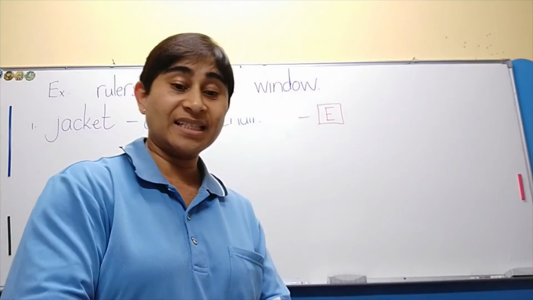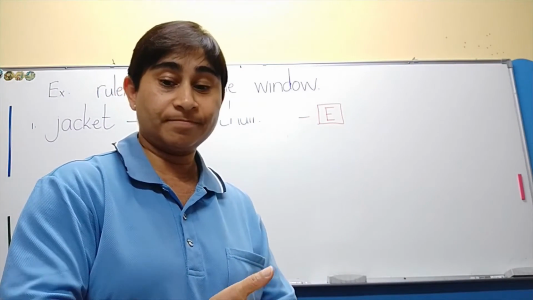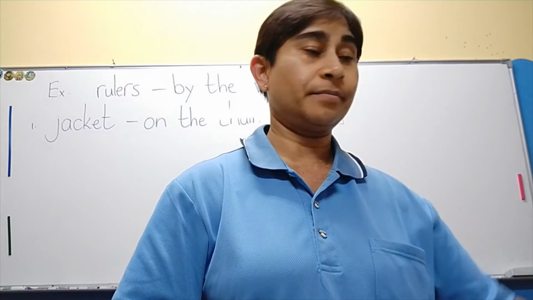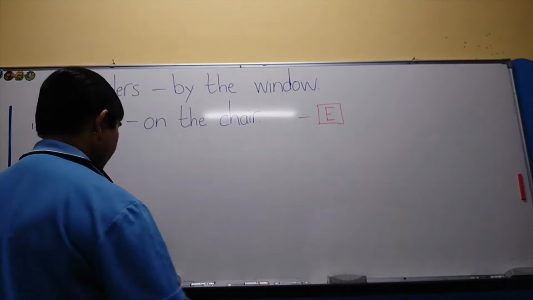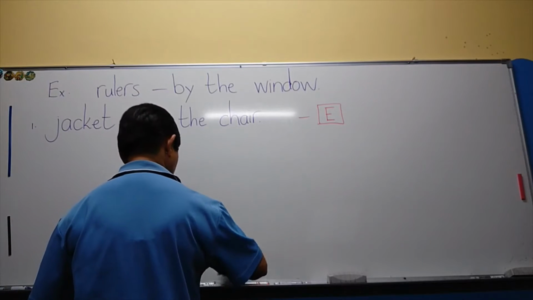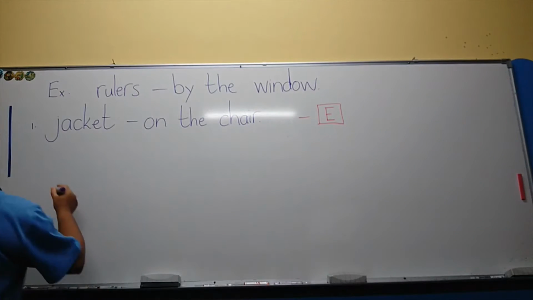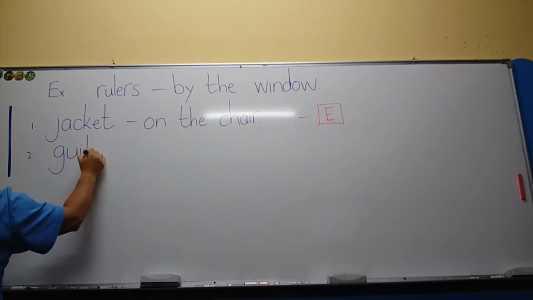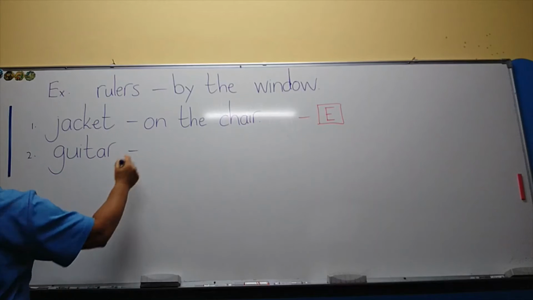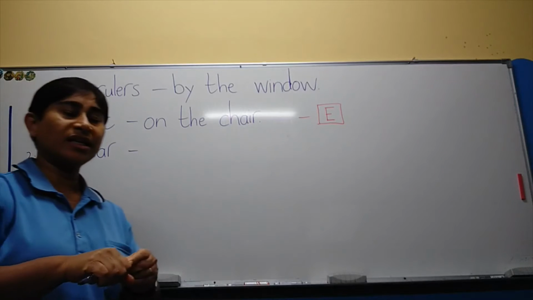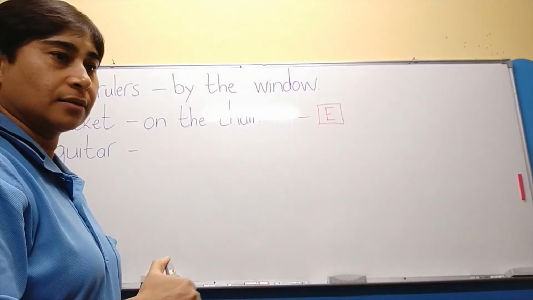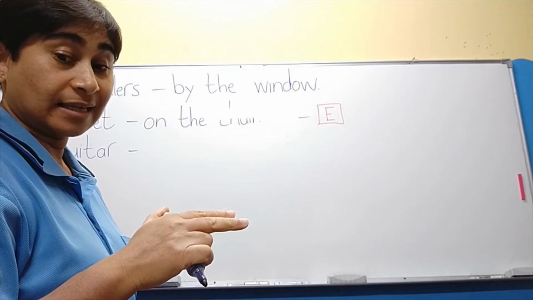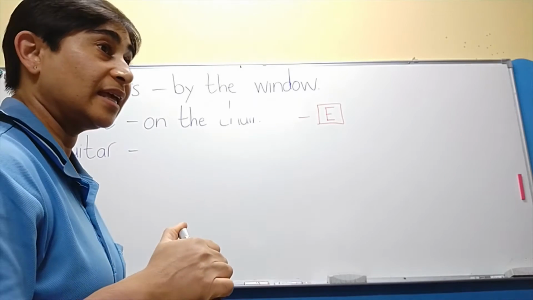So, what's the answer? Your answer is B. So, where you have guitar, number 2, guitar. Where do we put it? Where does Jack need to put this? Where does he need to put it? Yes, in the cupboard.